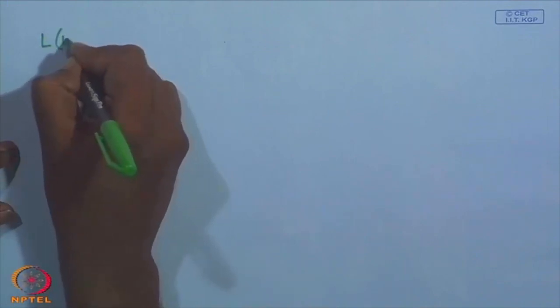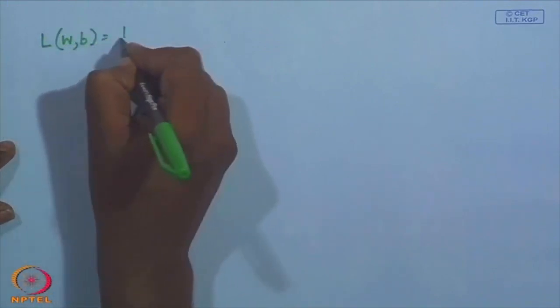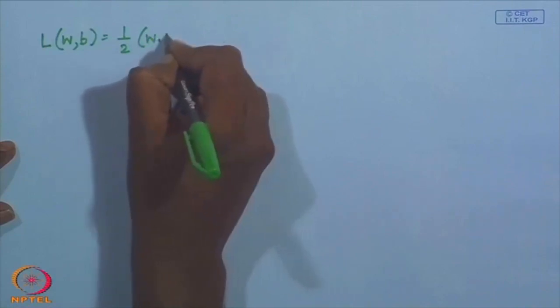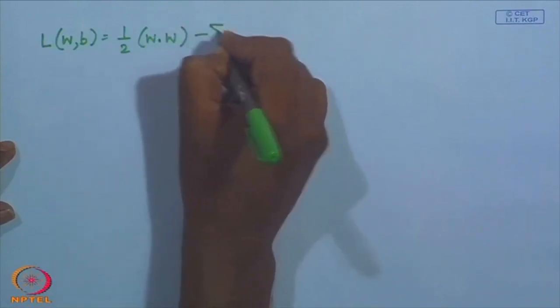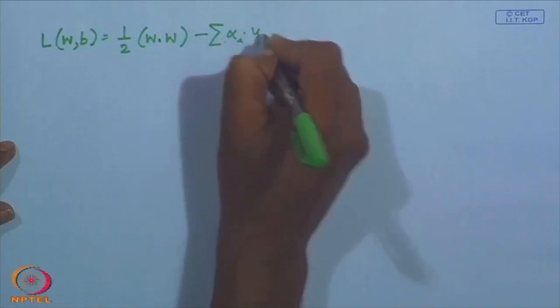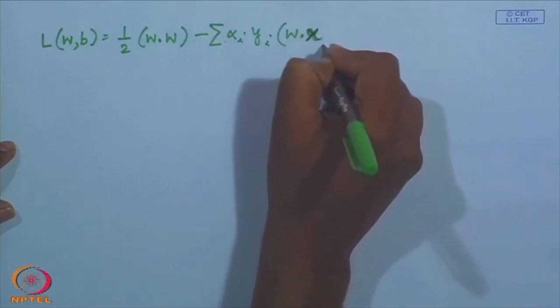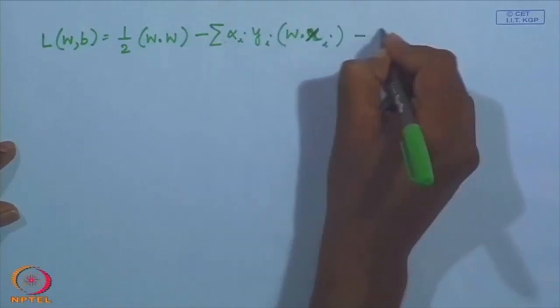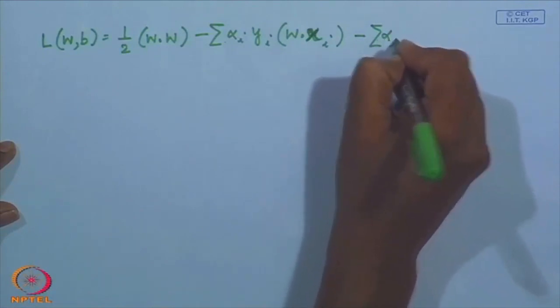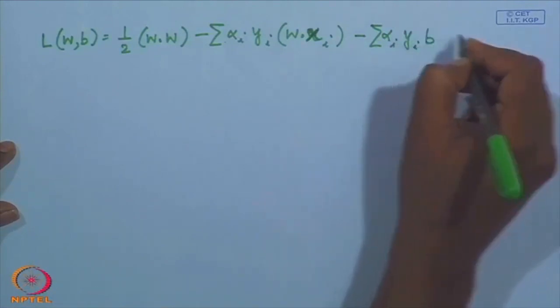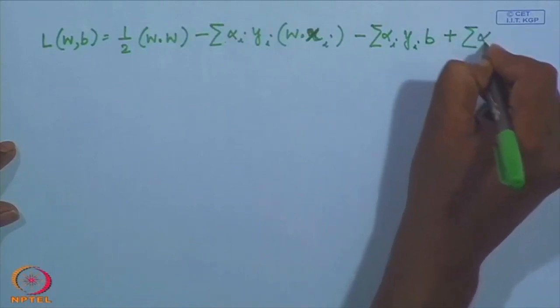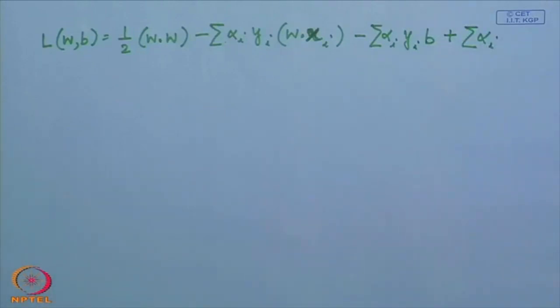So, L(w, b) is equal to half of w transpose dot w minus sum of alpha_i y_i w dot x_i minus sum of alpha_i y_i b plus sum of alpha_i. Each of these summations will be from i equal to 1 to m if I have m number of feature vectors provided for designing the classifier.